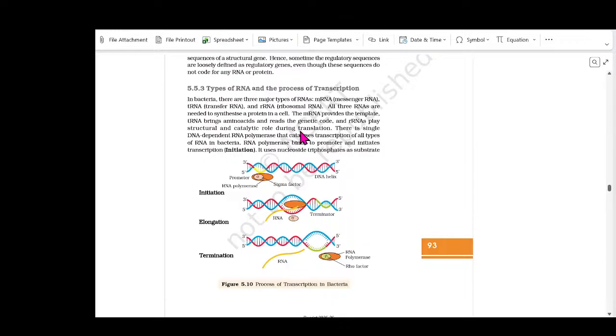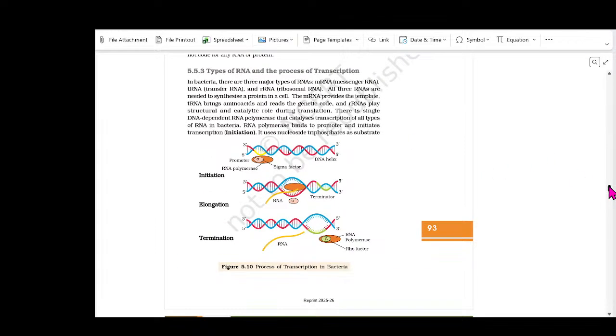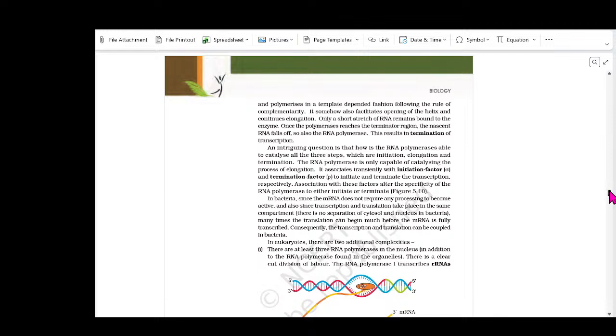There is a single DNA-dependent RNA polymerase that catalyzes transcription of all the types of RNA in bacteria. RNA polymerase binds to the promoter and initiates transcription, or initiation. It uses nucleoside triphosphates as substrates and polymerizes in a template-dependent fashion following the rule of complementarity.